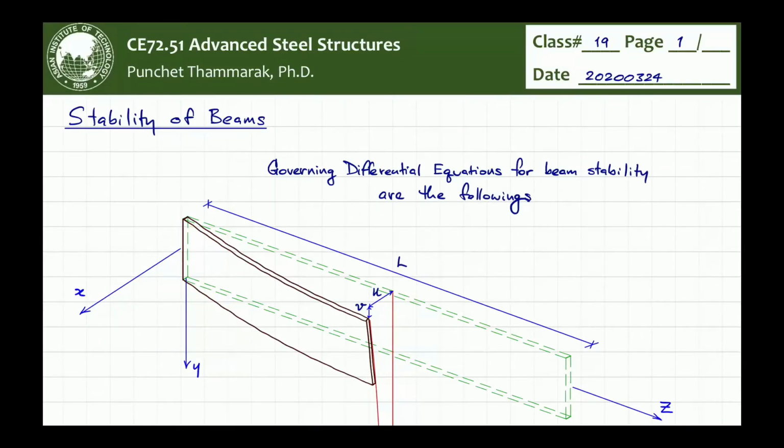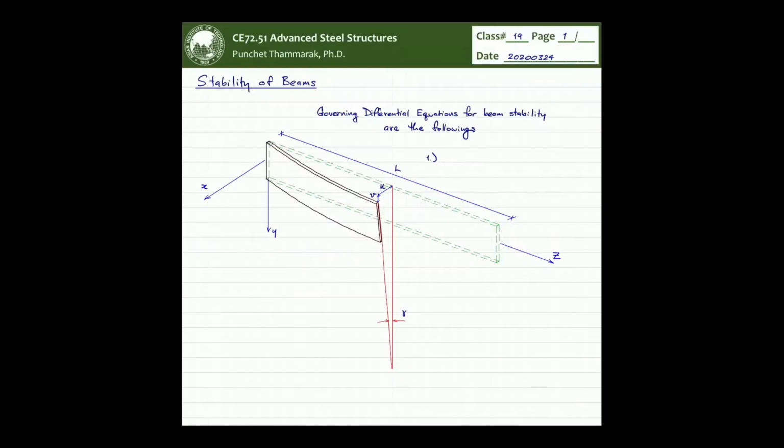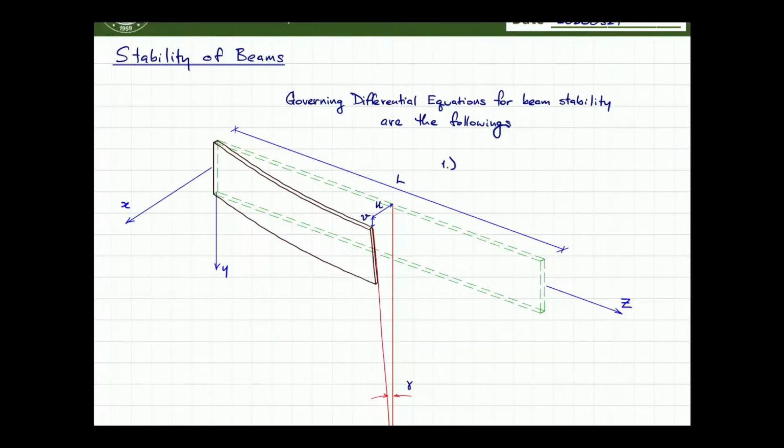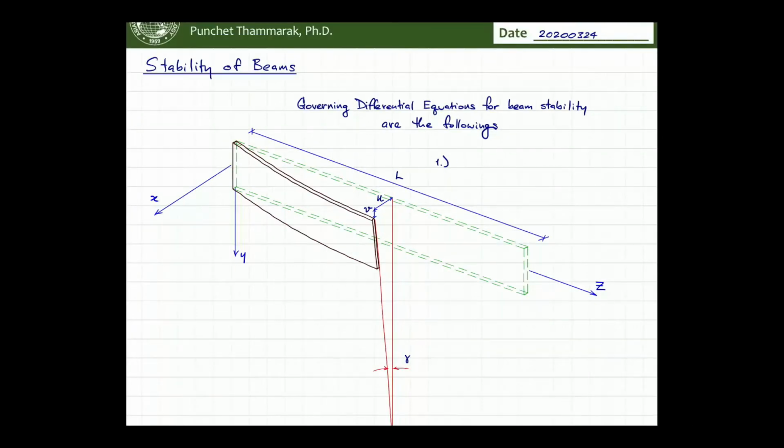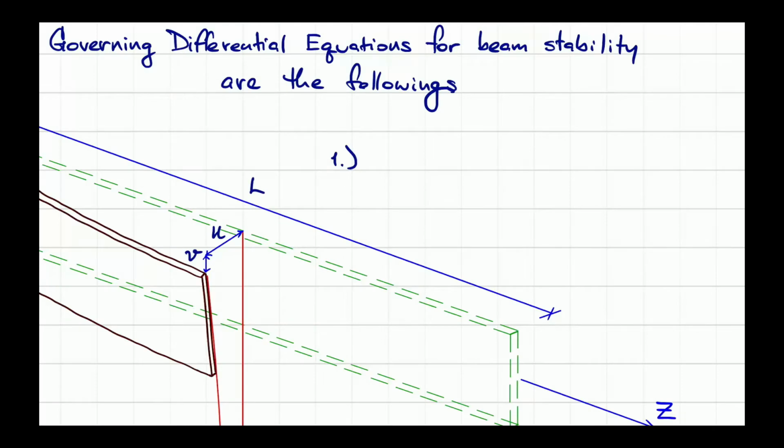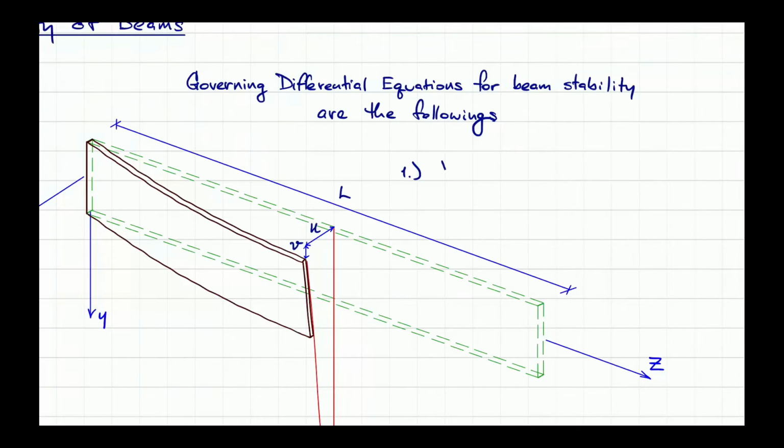So first of all, for the beam, you will first think of the deflection. The deflection of the beam is going on in the plane of Y and Z. So just vertical deflection, I'll say it this way.